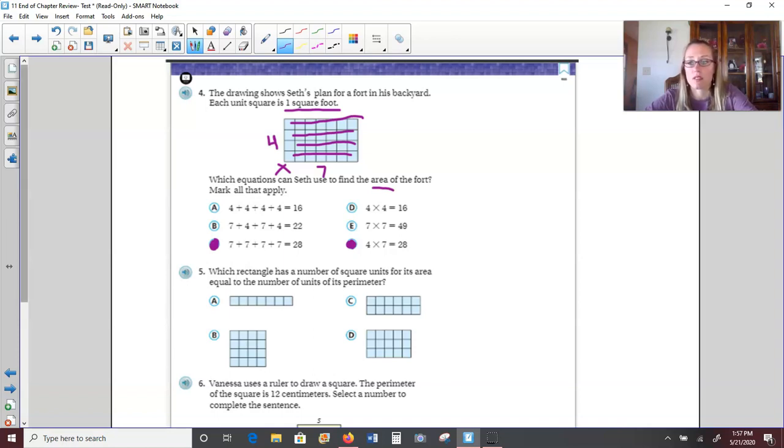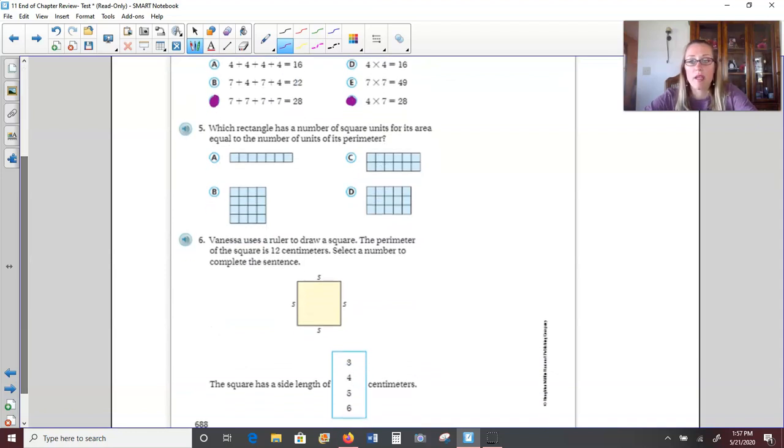Okay, number 5, which rectangle has a number of square units for its area equal to the number of square units of its perimeter? So we want the area and perimeter to be the same. So let's go ahead and see what we can find. Letter A, I'm going to take a look at the area. There's 1 unit on each side, and 7 across the top and bottom.